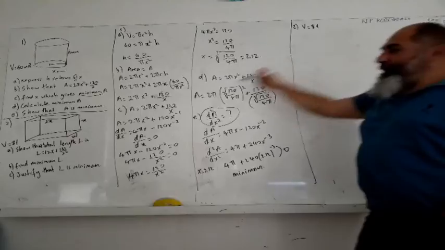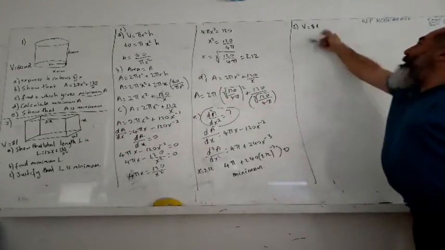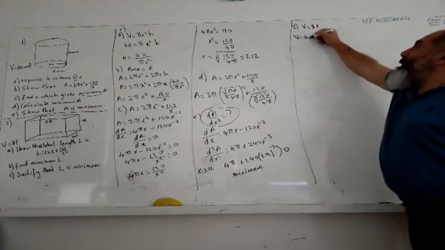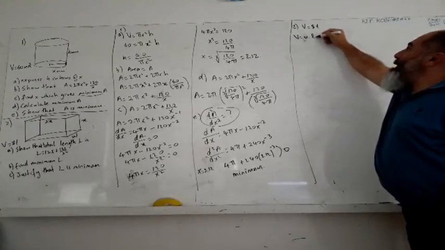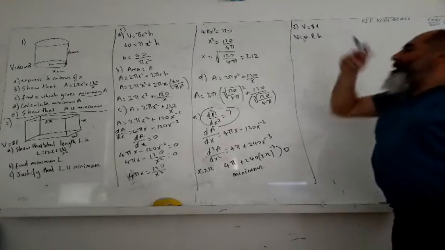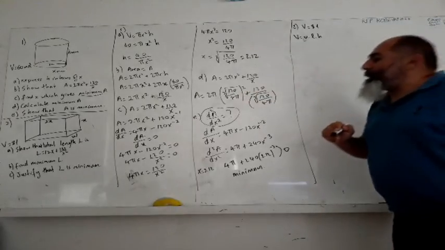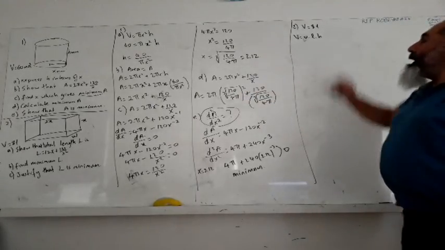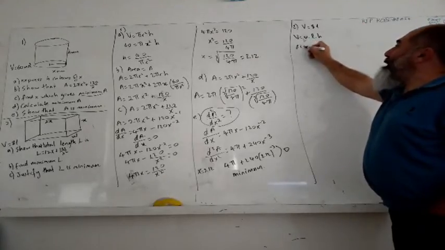And what is the volume of a rectangular box? Width times length times height. A very simple formula to calculate the volume of the rectangular box. And volume is 81. We have the width there. The height is x.